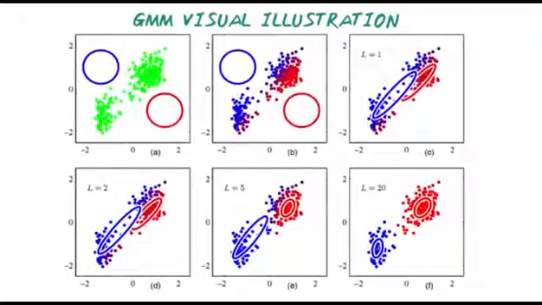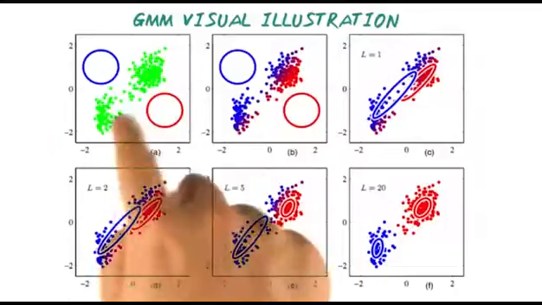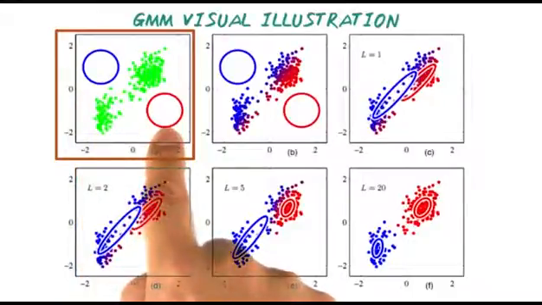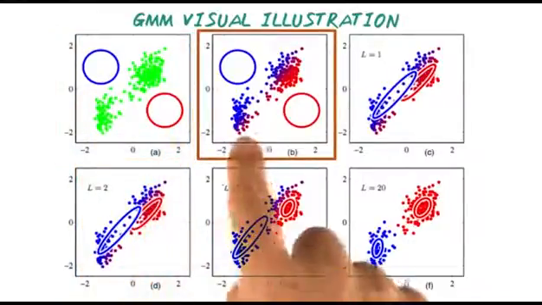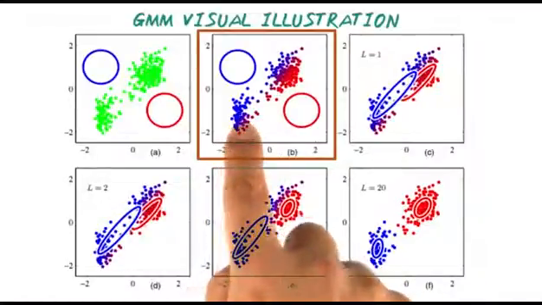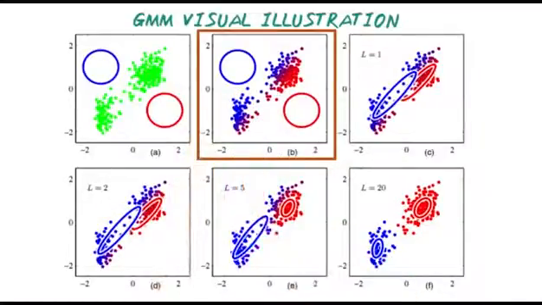Now let's visually illustrate how the Gaussian mixture model works. The goal is to run the Gaussian mixture model over this set of points. We first initialize two Gaussians indicated by the blue and red circles. Then we compute assignment scores for each data point. The bluer points indicate the assignment scores for the blue cluster are higher.